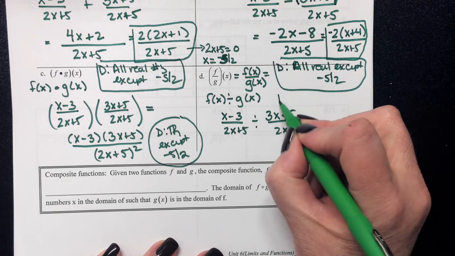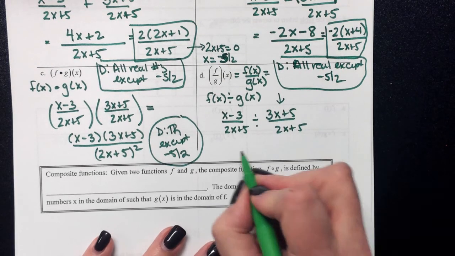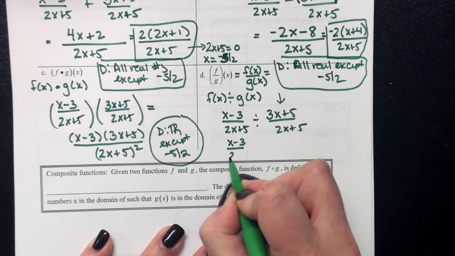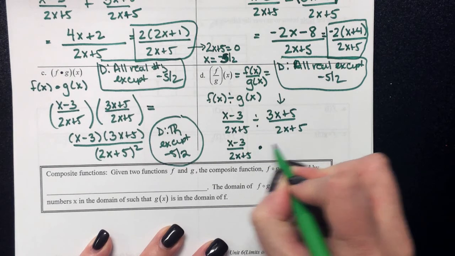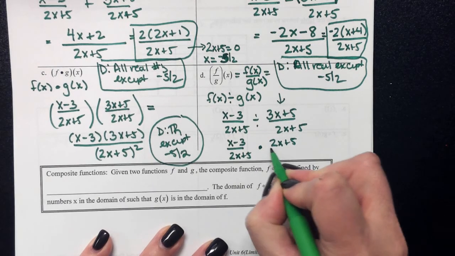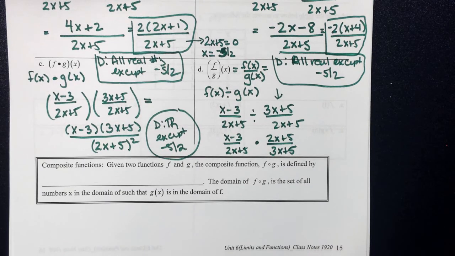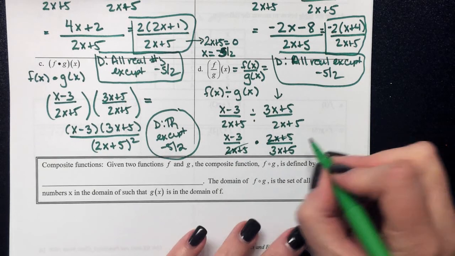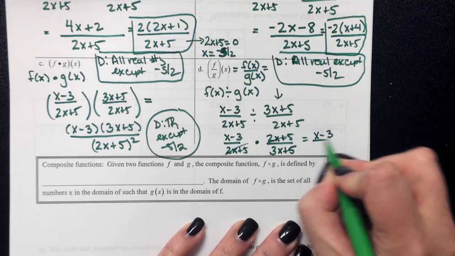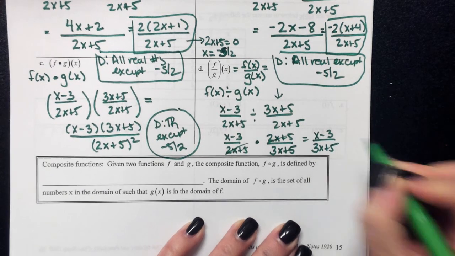Second one. Remember, you flip the fraction that comes after the division sign. So x minus 3 over 2x plus 5 times 2x plus 5 over 3x plus 5. Remember, when you multiply, you're allowed to cross-cancel common factors. Can you cross-cancel anything? Yeah, we can cross out that 2x plus 5. That leaves you with x minus 3 over 3x plus 5.